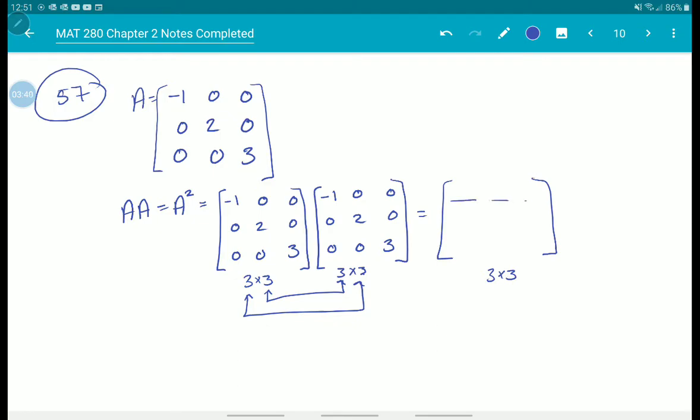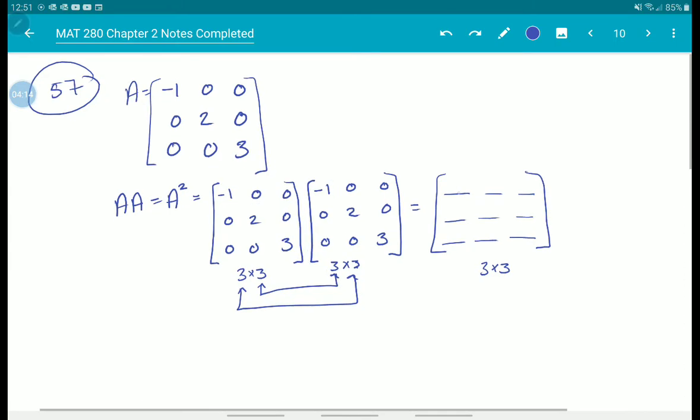So to get that first entry, we're going to go first row of the first matrix times first column of the second matrix. When we multiply, negative 1 times negative 1 is a positive 1. Then we're going to be multiplying by zeros here and then here, and we're going to add all those together. But notice that the answer is really just going to be negative 1 times negative 1 plus 0 plus 0, which is just going to be a positive 1.